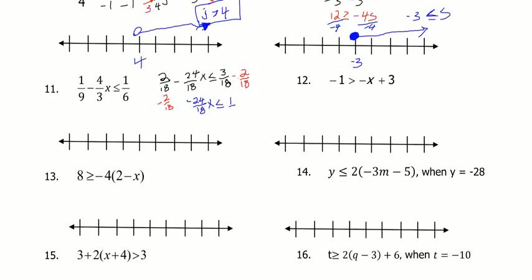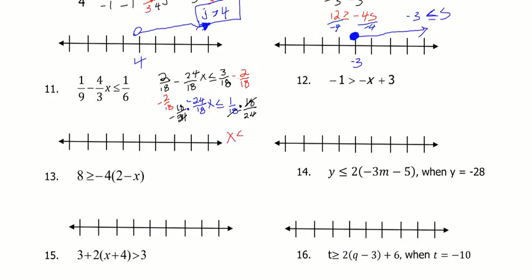Now I'm going to multiply both sides of this by negative 18/24. So our 18s cancel, and we are left with x being less than, or actually, whoops.